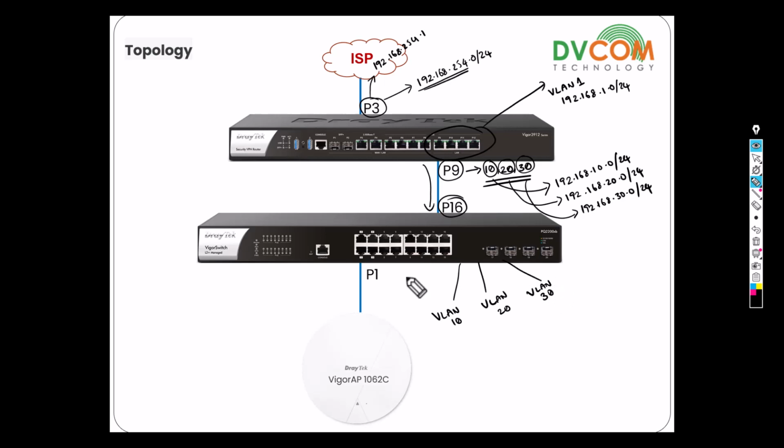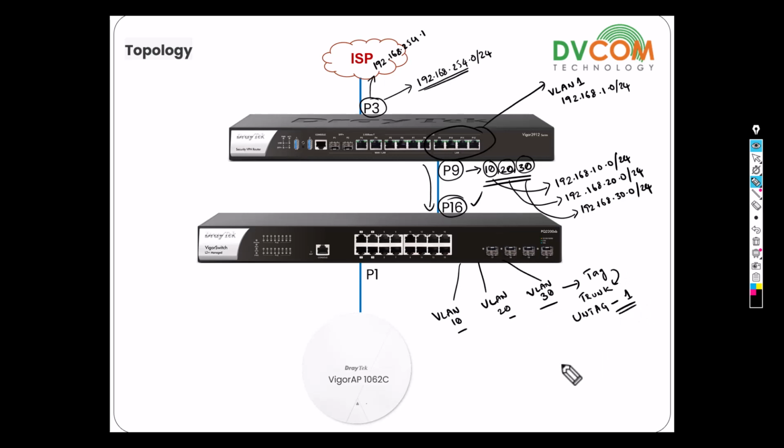I'm going to tag these 3 VLANs on port number 16. So basically here 10, 20 and 30, I'm going to make tagged. You can say this is my trunk port. I'm going to tag these 3 VLANs on port number 16, and untagged will be my default VLAN, which is 1.